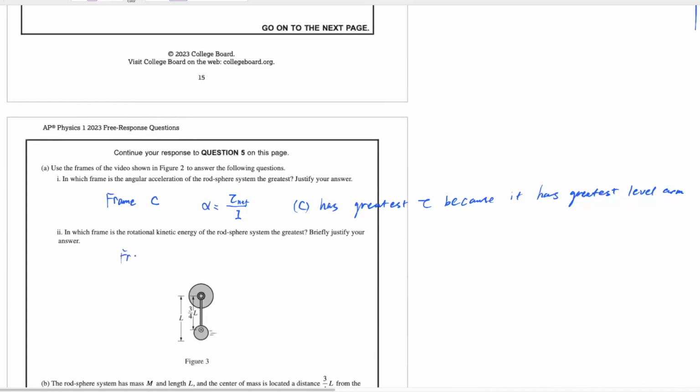Frame E. To justify your answer, you should say the change of kinetic energy is the negative change of potential energy. So for frame E, the delta U, the change of potential energy, is greatest. It decreased most, and thus the kinetic energy should increase most for frame E.